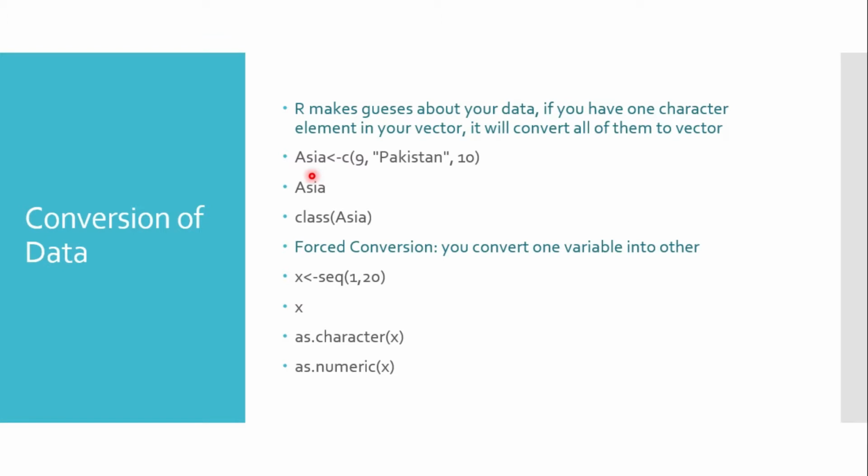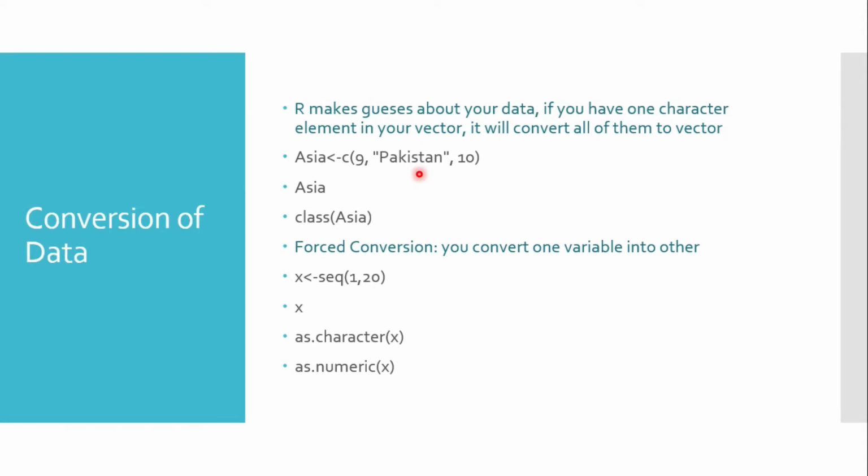Suppose we have this vector called Asia, and in this vector we have one numeric element, then the second one is a character element, and the third one is also a numeric element. Now if we have one character element in the vector, R is going to convert the entire vector into character.